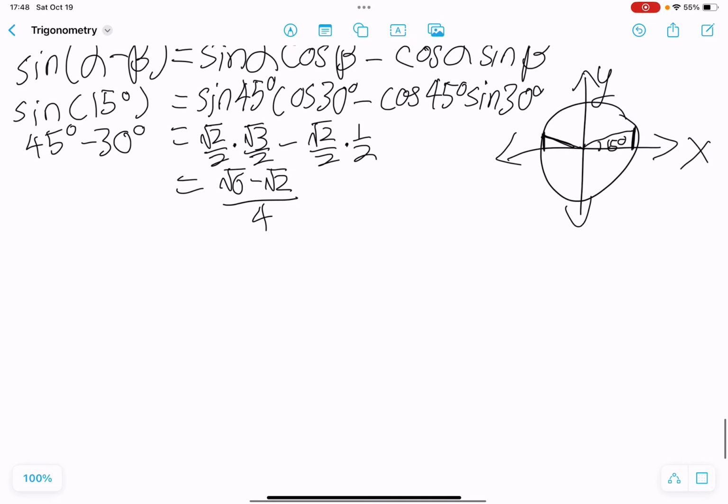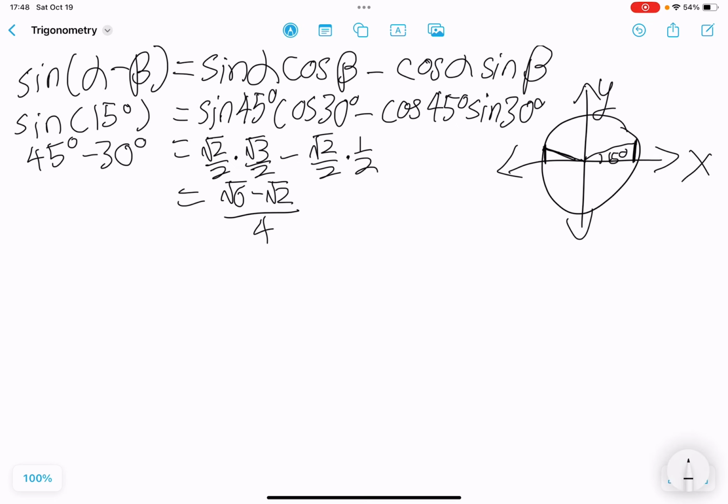Let's try another example for the difference formula for sine. Let's say we try to find sine 35 degrees. Does that exist? I don't think so.